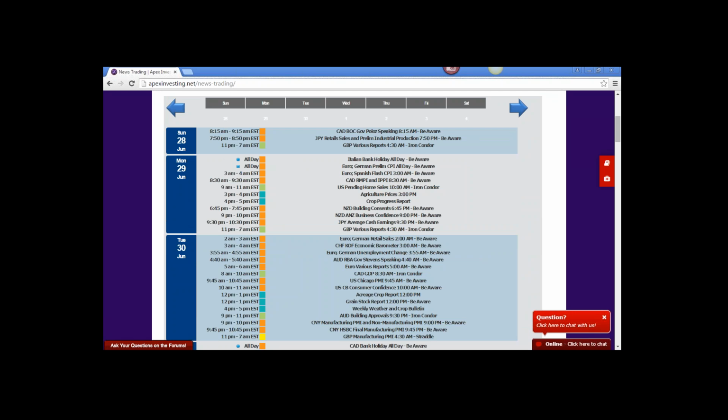And we'll tell you each day, what time, what is that news. Some of them just say, hey, be aware, this news event's coming out. Might be a little spike in the market. Like if you're trading binaries, they're down to one tick, 1/10 of a tick difference in winning.